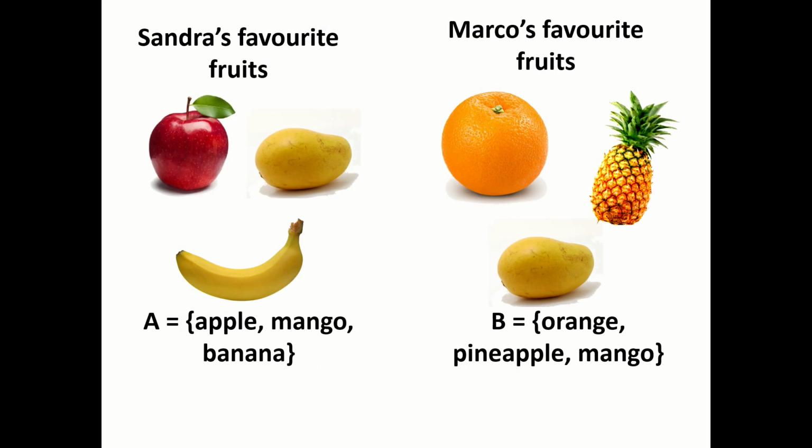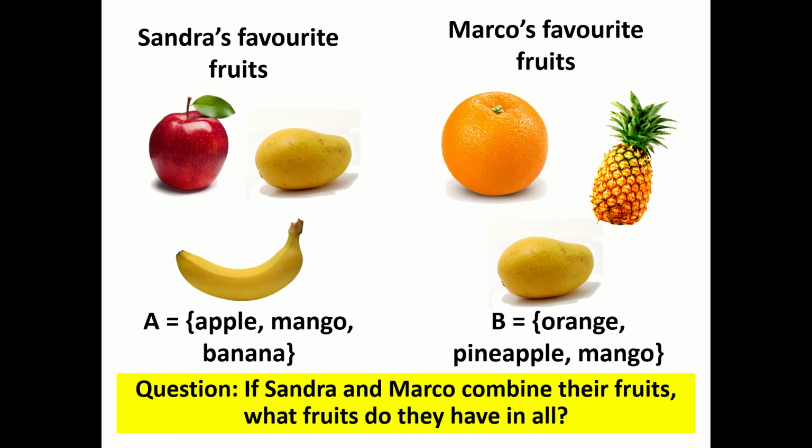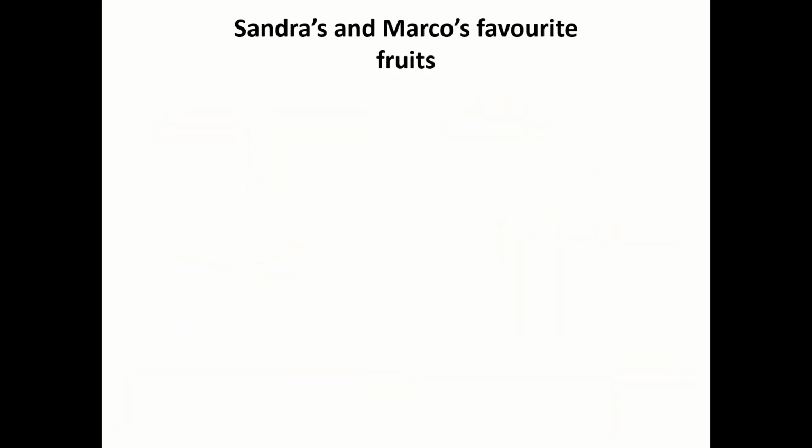Let's go back now to our situation a while ago for us to know the second set operation. If the question this time is, if Sandra and Marco combine their fruits, what fruits do they have in all? It's like putting together all the fruits in one.